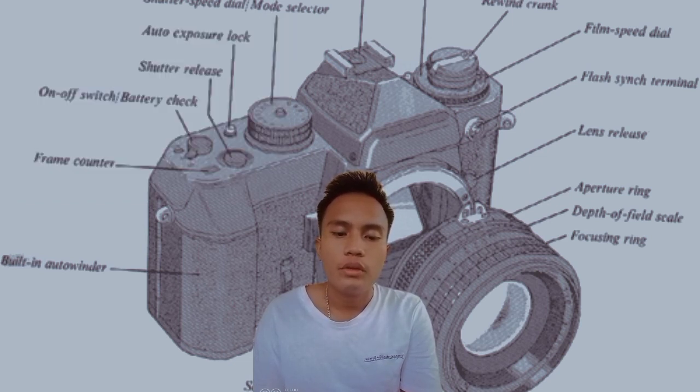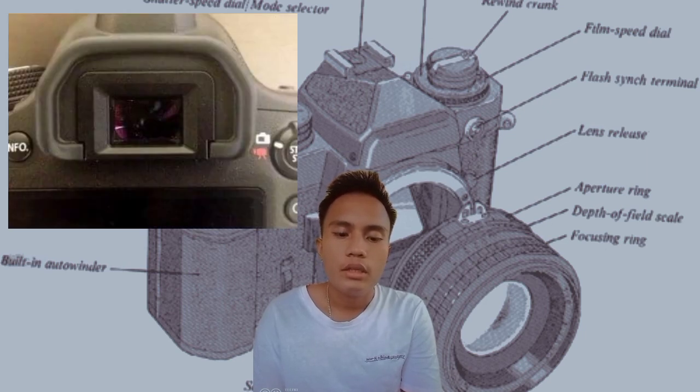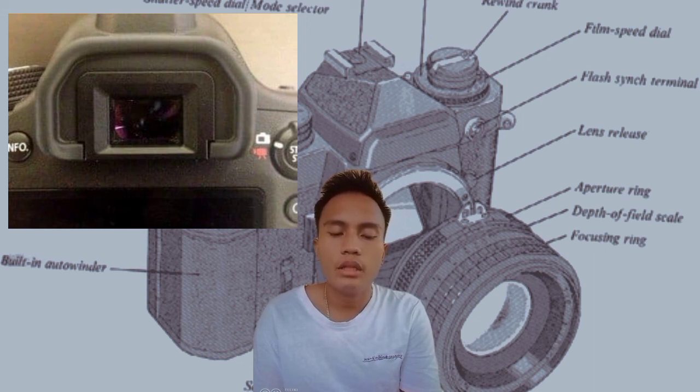Twenty-three, viewfinder. The optical viewfinder segregates an SLR camera from rangefinder and compact camera systems. The optical viewfinder is powered by a pentamirror or pentaprism, already discussed above, and a reflex mirror.